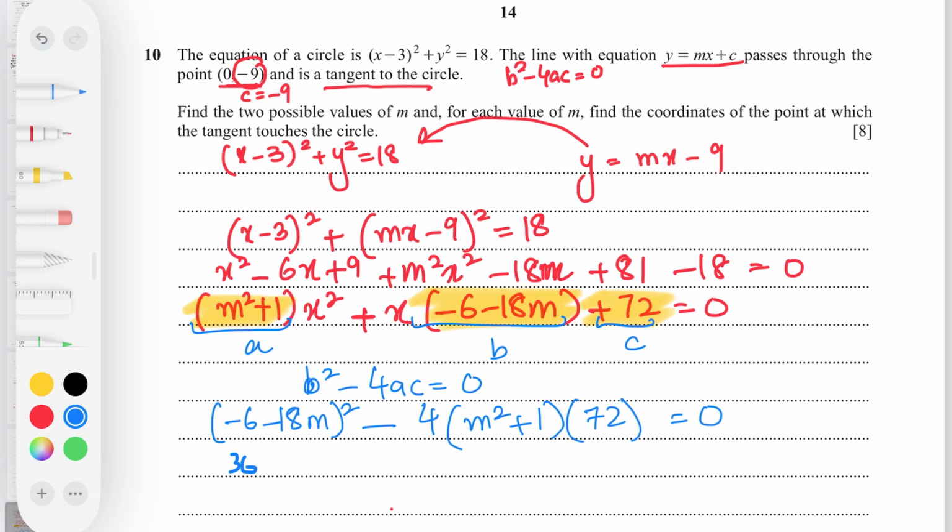36 plus 216m plus, when there's a minus minus, we open it with the first identity. 4 into 72 is 288.